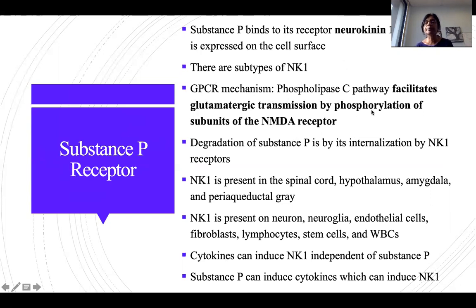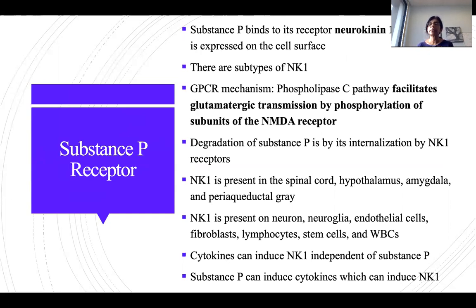What it does is the phosphorylation of subunits of the NMDA receptor. When the NMDA receptor is phosphorylated, it becomes an active receptor. This active receptor can then bind to glutamate and bring about the effects of glutamate in its target cell.